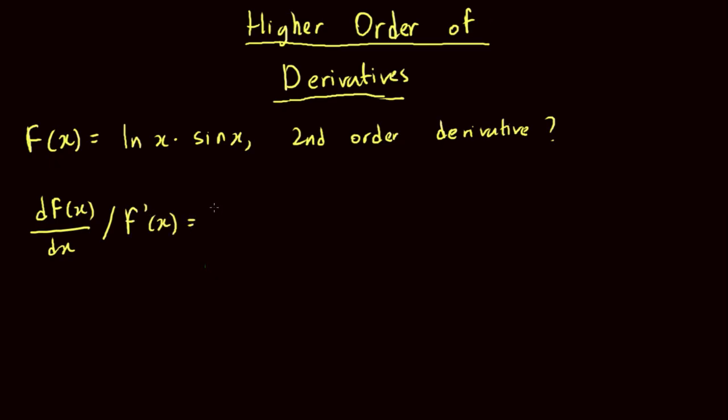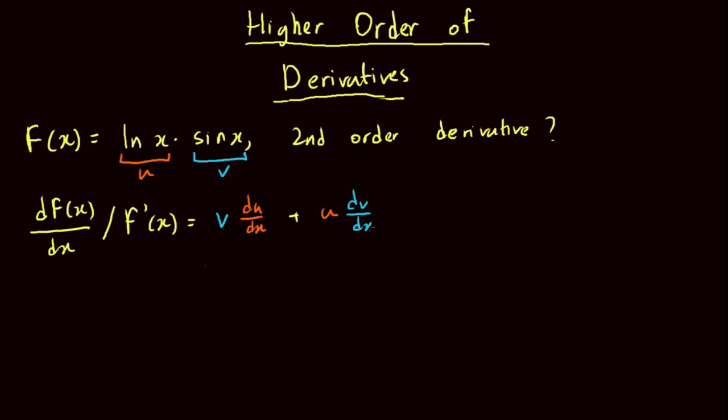Quite simply, it's the product rule. You take your u and your v, and then it's simply v du dx plus u dv dx.